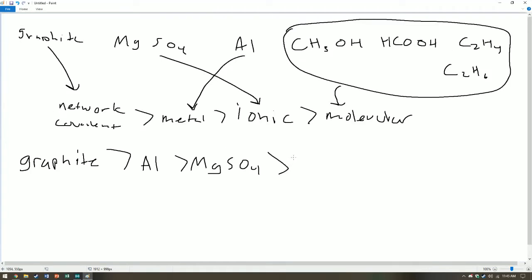Firstly, what I want to consider is type of intermolecular force. So first, draw out Lewis structures if you need to.